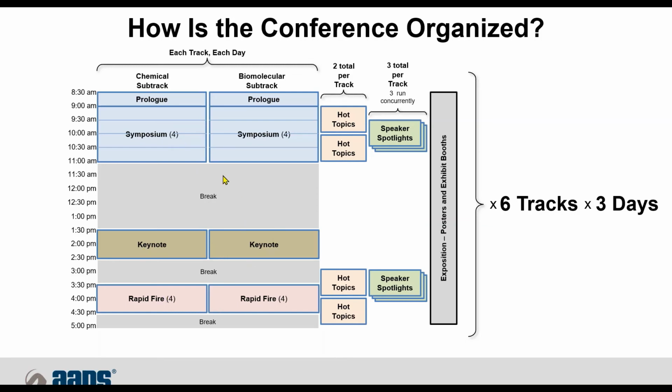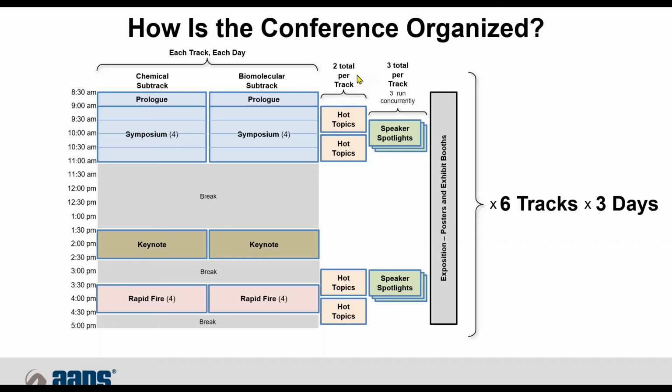Concurrent with the presentations that are happening through the day on the left-hand side are hot topics and speaker spotlights. These are a little bit unusual in that they don't happen for each track and each slot. There's actually a smaller number that are randomized through the days.